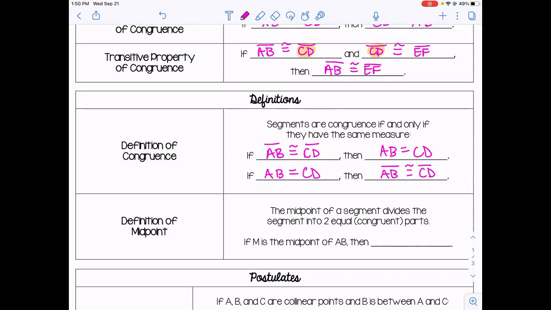When we're talking about the measure, there is no line. When we're talking about the segment being congruent, there is a line. So listen, equality, there is no line. Congruence, there needs to be a line. And we'll talk about the difference with everything Monday with angles.